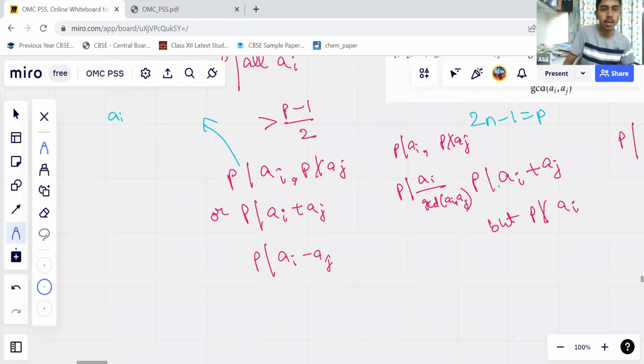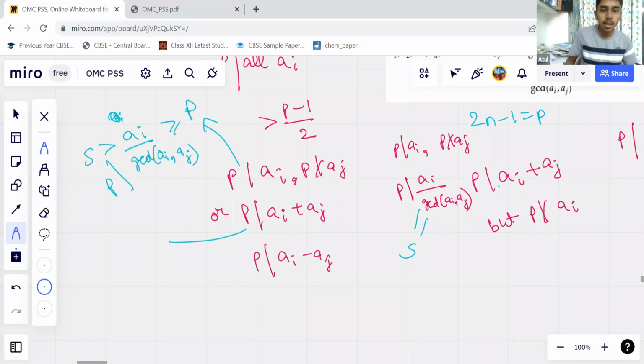So in this case, let's just call that thing equal to S. So S is greater than AI by GCD of AI, AJ. But P divides this, so this thing is at least P. And we're done.